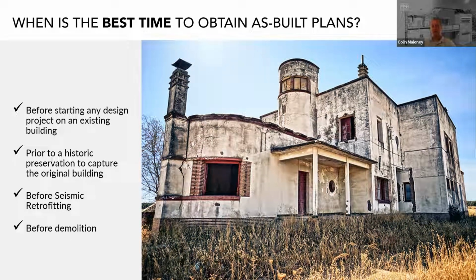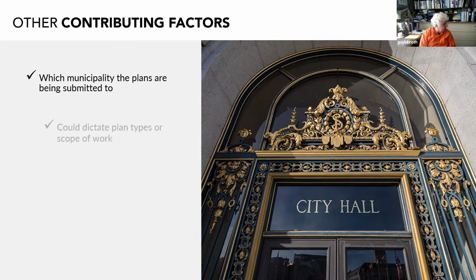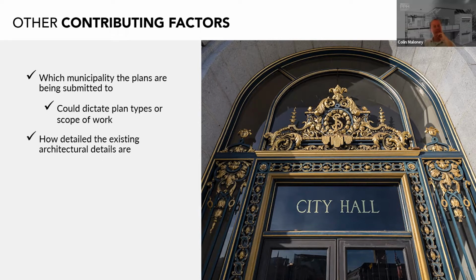Other contributing factors to needing as-builts. As mentioned on the previous slide, different municipalities work differently and have different requirements. If they require as-builts for any reason, the type or scope needed may vary from city to city, and even sometimes from person to person within that city, I've found.